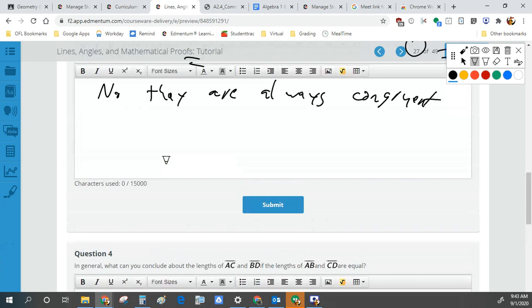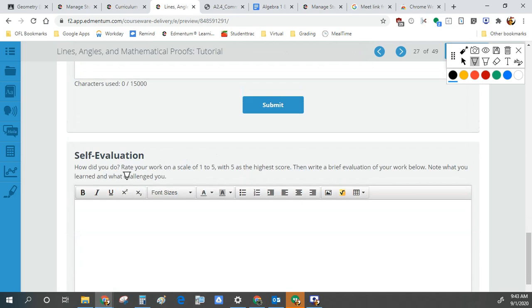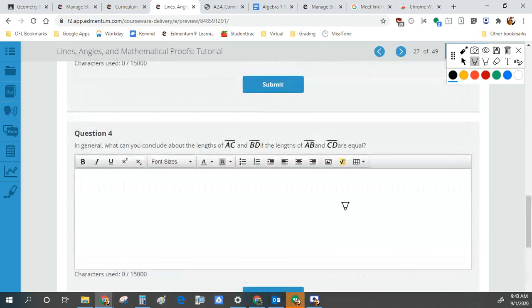All right. In general, what can you conclude about AC and BC and the lengths are equal? So what can you conclude about this?